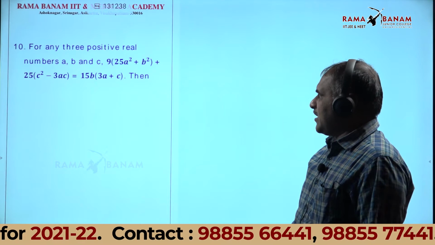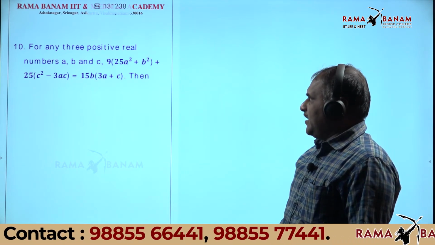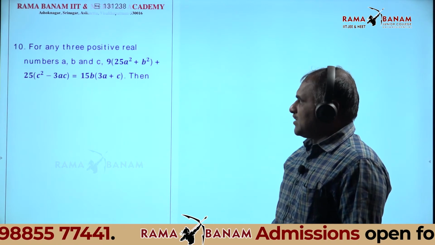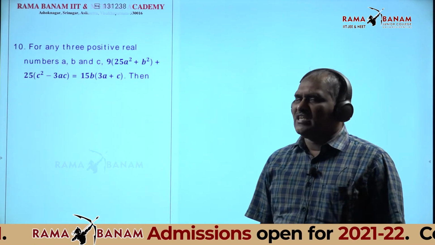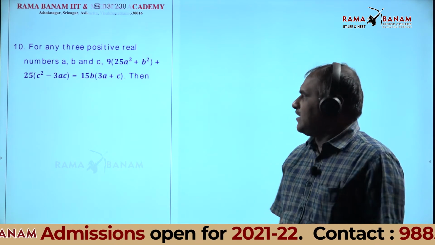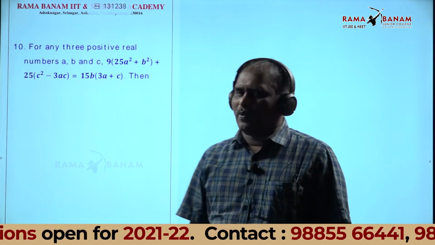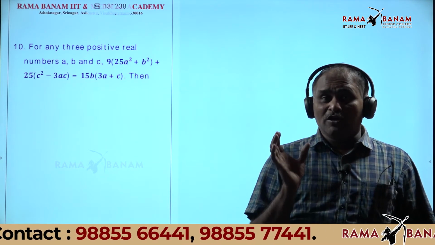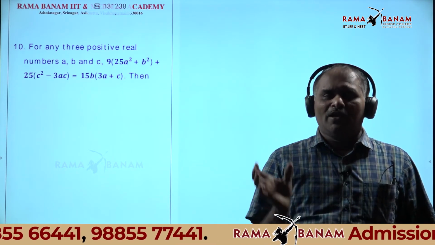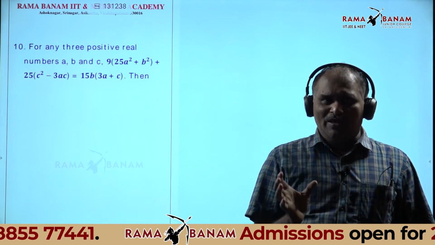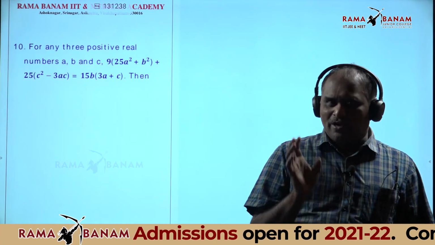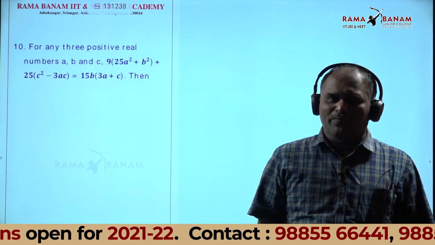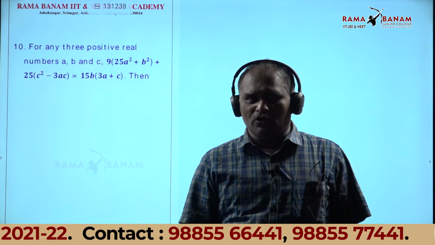Listen to the equation: 9 into 25a square plus b square plus 25 into c square minus 3ac is equal to 15b into 3a plus c. Here I want to convert it and find whether a, b, c are in arithmetic, geometric or harmonic progression.